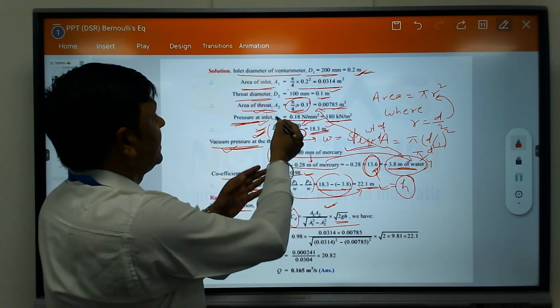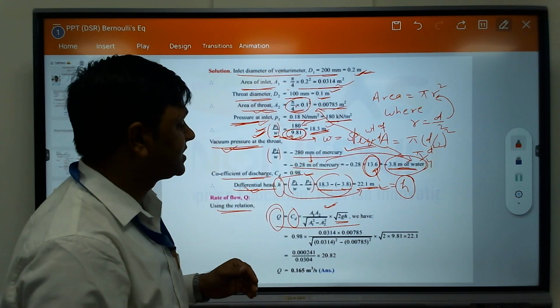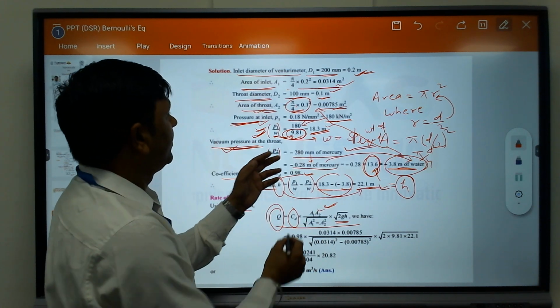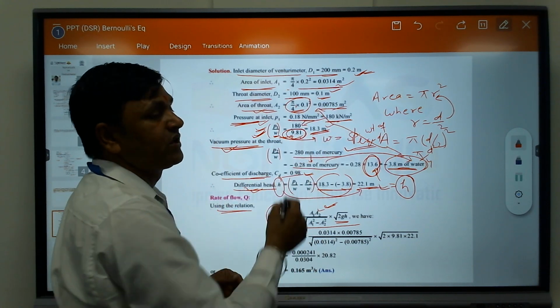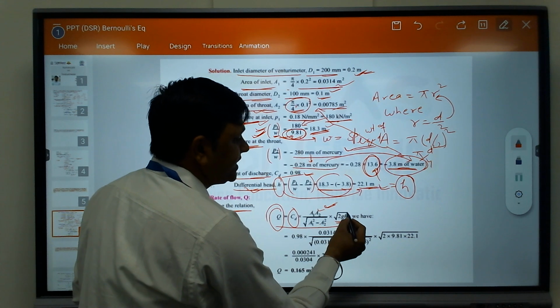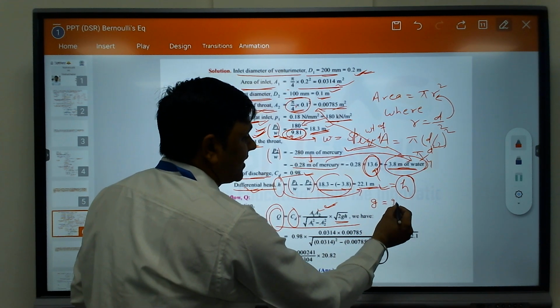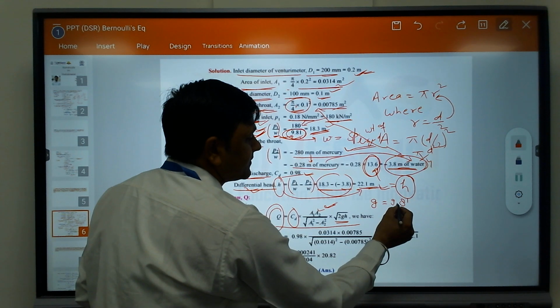Area A1 is 0.0314 meter square. A2 is 0.00785 meter square. Under root 2g, where the value of g is 9.81.